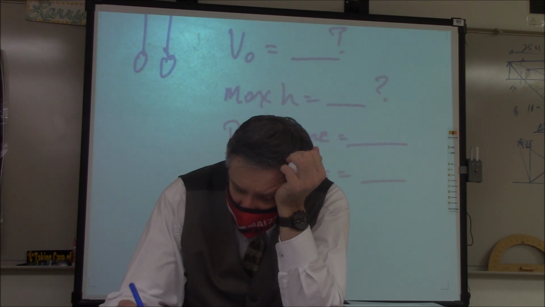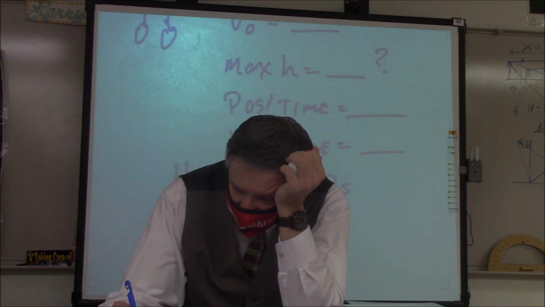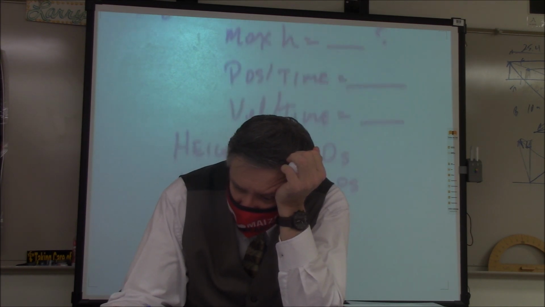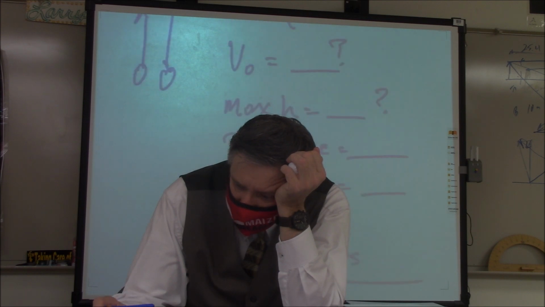And then I want to know the height at 1 second. I want to know the velocity at 1 second. I want to know the height at, what was time?